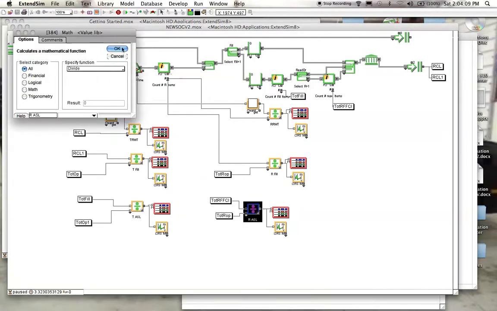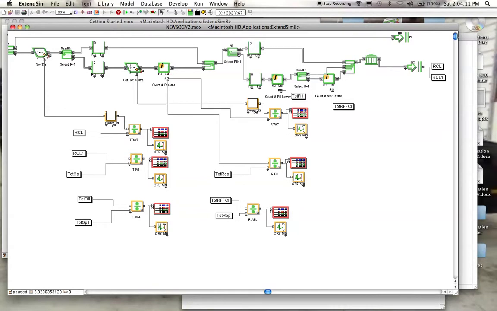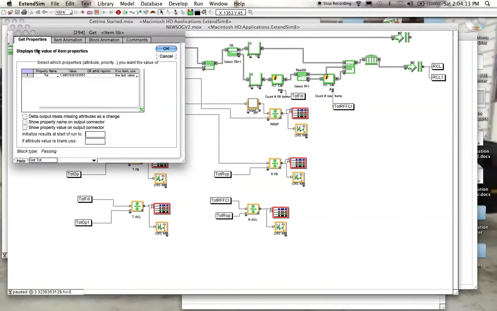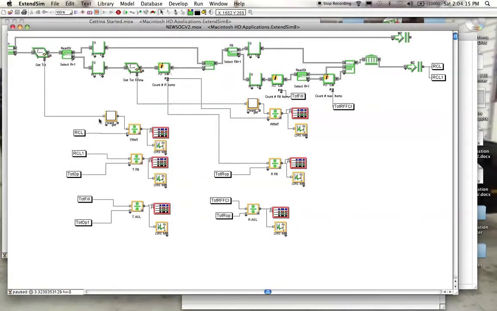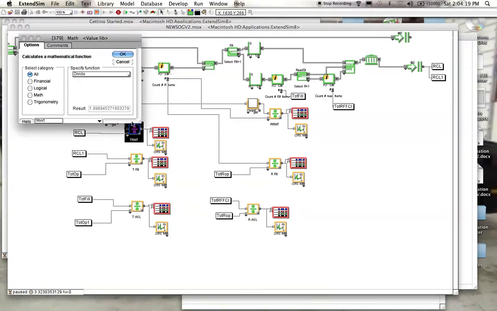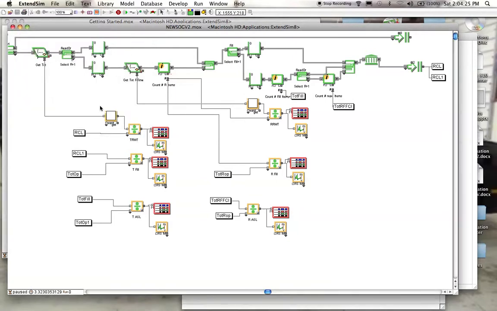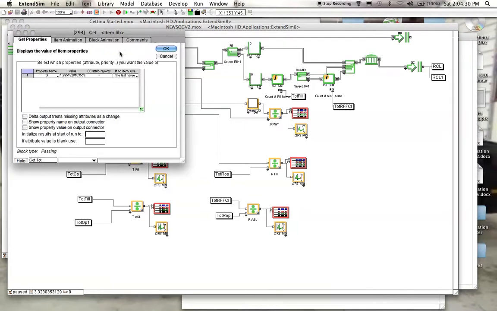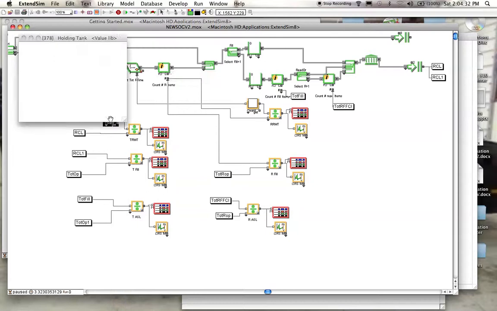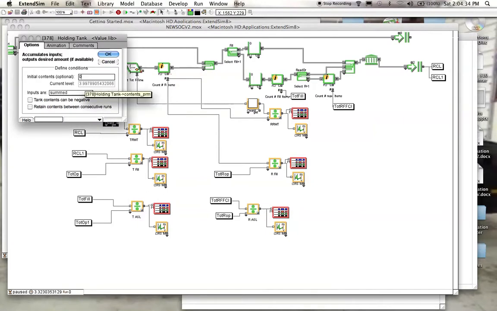And that's 0. See how this has changed. That's 1.99. This is 1.99. That's 3.99, which added to that 2.00.